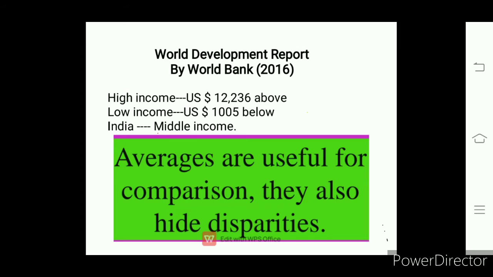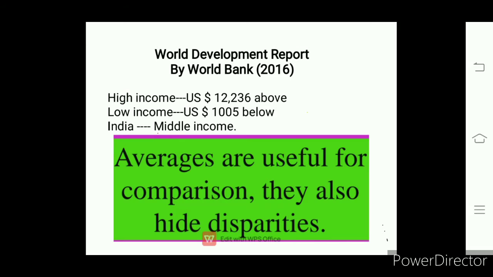So here in 2016, as per the new textbook, 2017 is given. In 2016, the World Bank prepared a report that is called the World Development Report. There they have taken the per capita income.